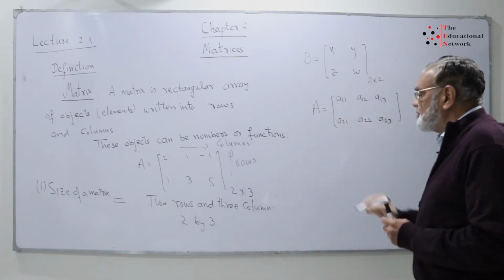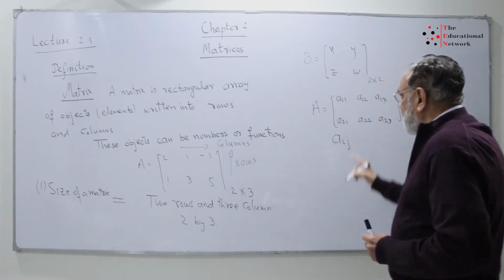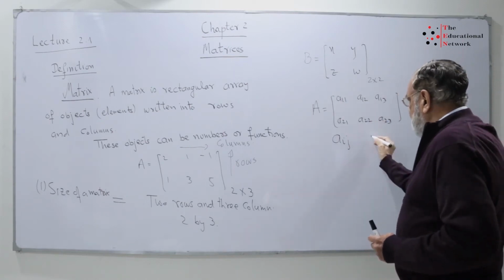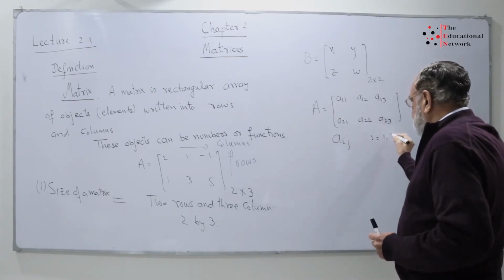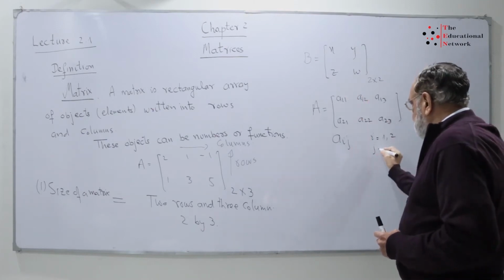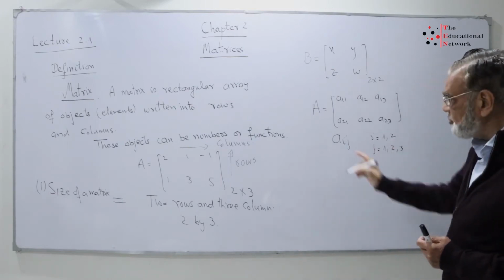I can rewrite this matrix by only writing Aij. Here i is the first index that gives the rows, so in this case i is 1 and 2, and j is the second index, which gives the 3 columns: 1, 2, and 3.